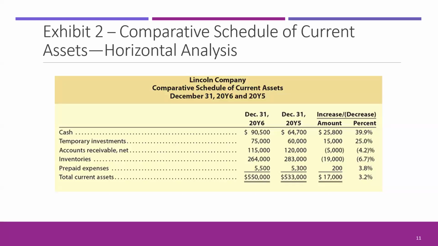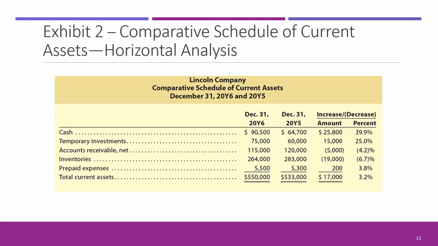And then this is just a comparison of the current assets. Note there's not a whole lot of change here. Also, for calculation purposes, really important to note, the first year, so 2025 in this case, is the base year.